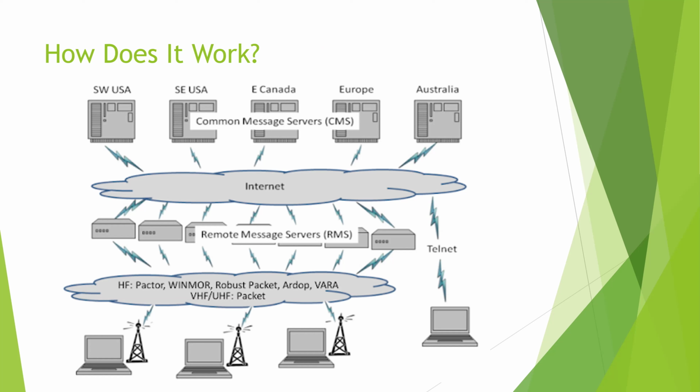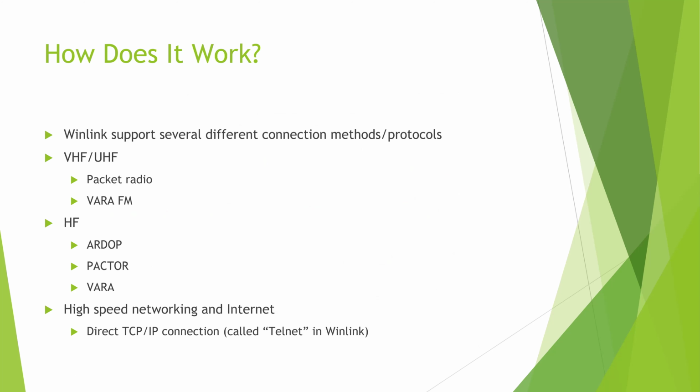It's not like you have to make that connection every time you want to see that message. But it also is no longer on the CMS once you've pulled it down. So if you have 3 different computers that you use Winlink on and you pull the message down to one of them, you can't see it on the other 2. Okay. So that's something to consider. All right. So let's see. We kind of talked about the protocols that are available.